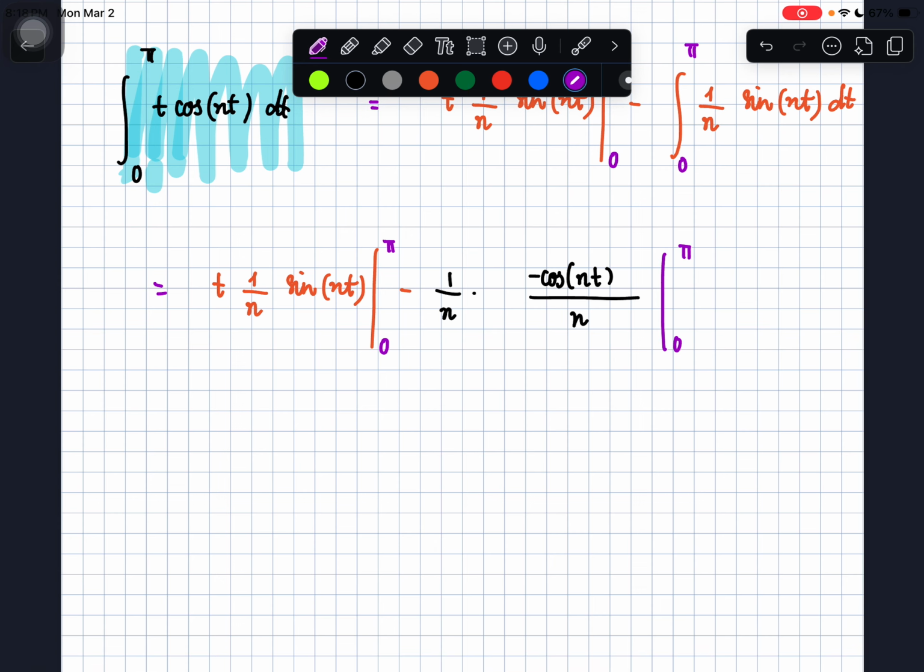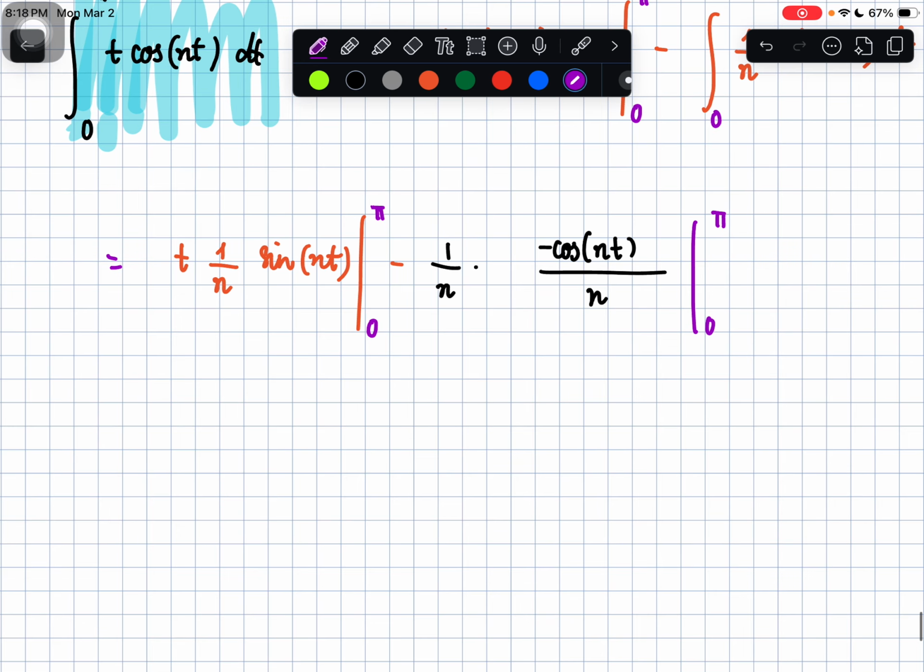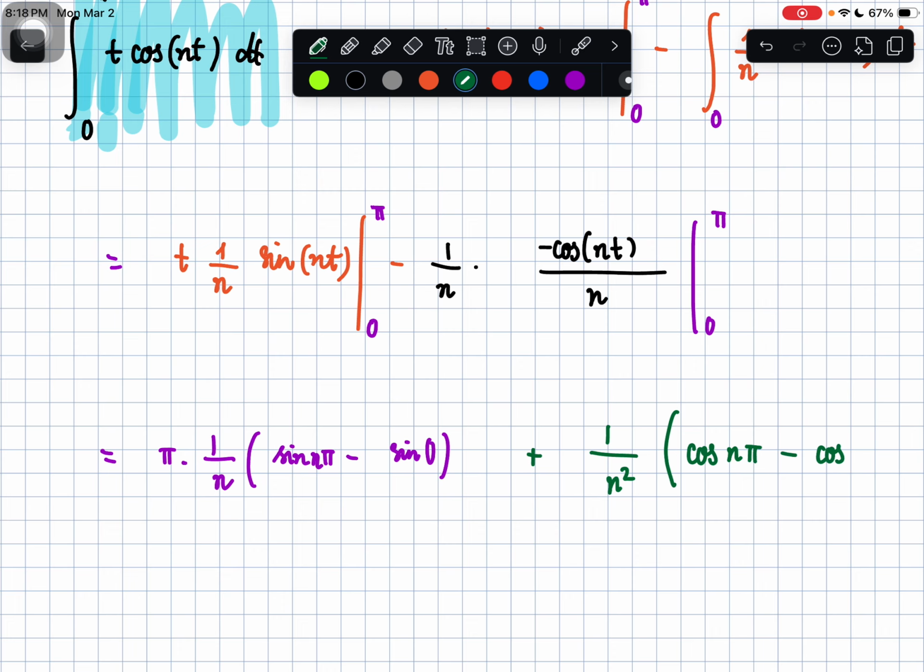And now we have pi times 1 over n sine n pi minus sine 0, minus 1 over n squared. So actually minus minus, so plus cosine n pi minus cosine 0.